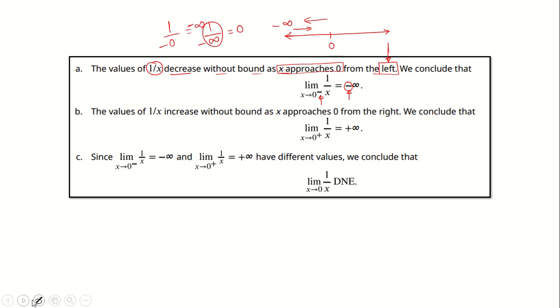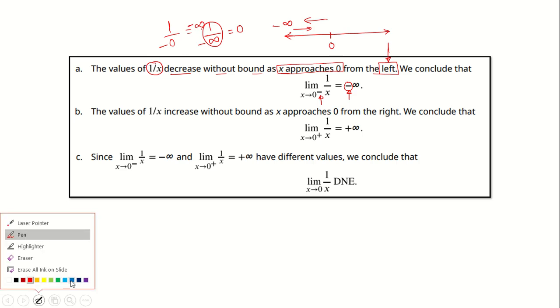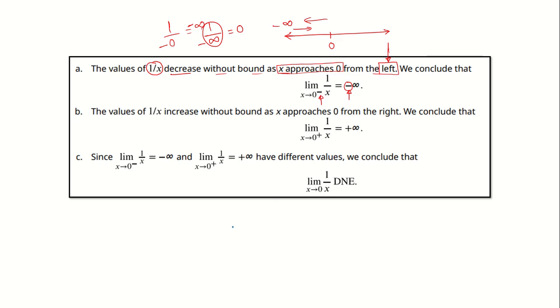Again, 1 over 0 is also infinity. But when we are approaching from the right, the value moves to positive infinity, right?